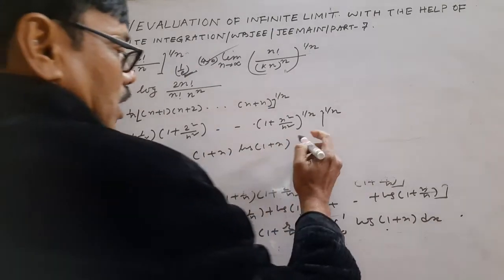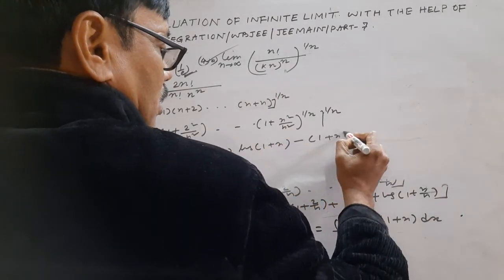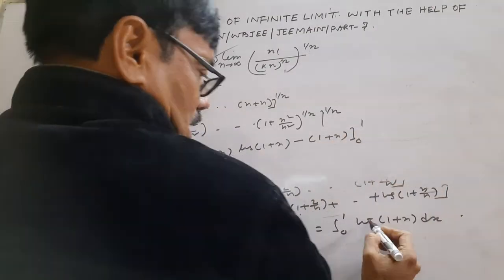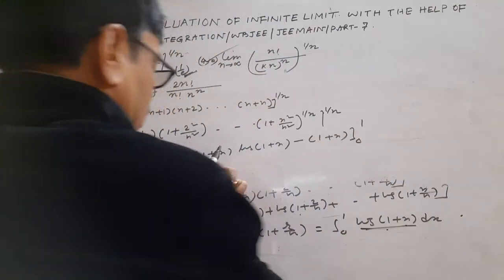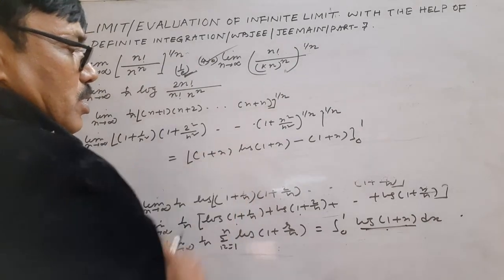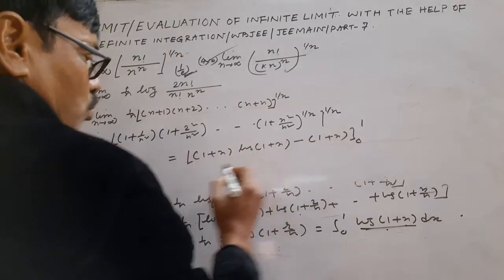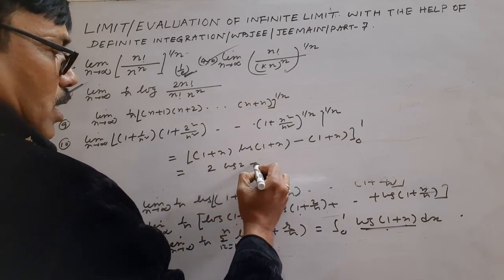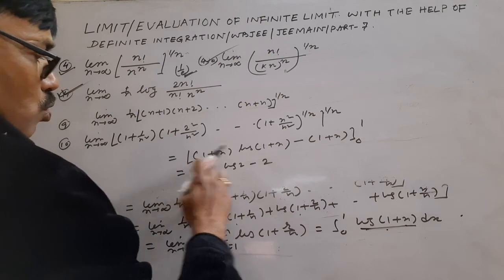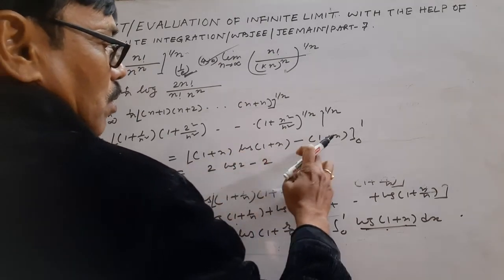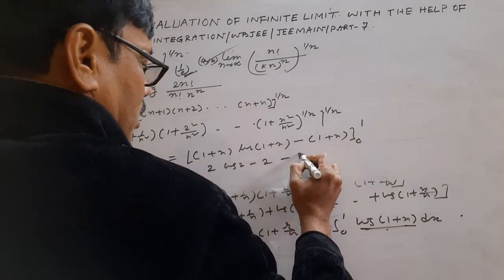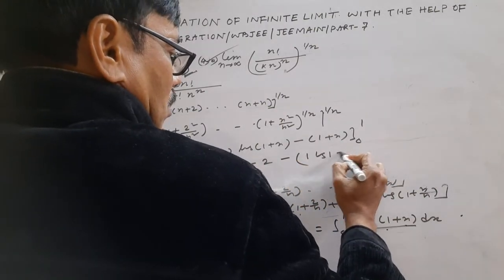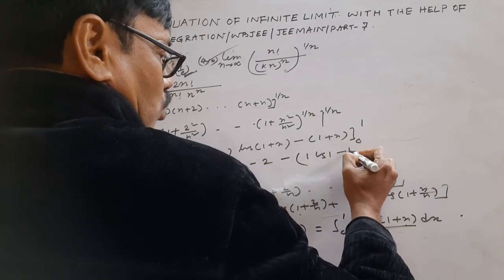So integral of log x is x log x minus x, from 0 to 1, where x is replaced by 1 plus x. Now put x equals 1. So 2 into log 2 minus 2, minus 1 into log 1 minus 1.